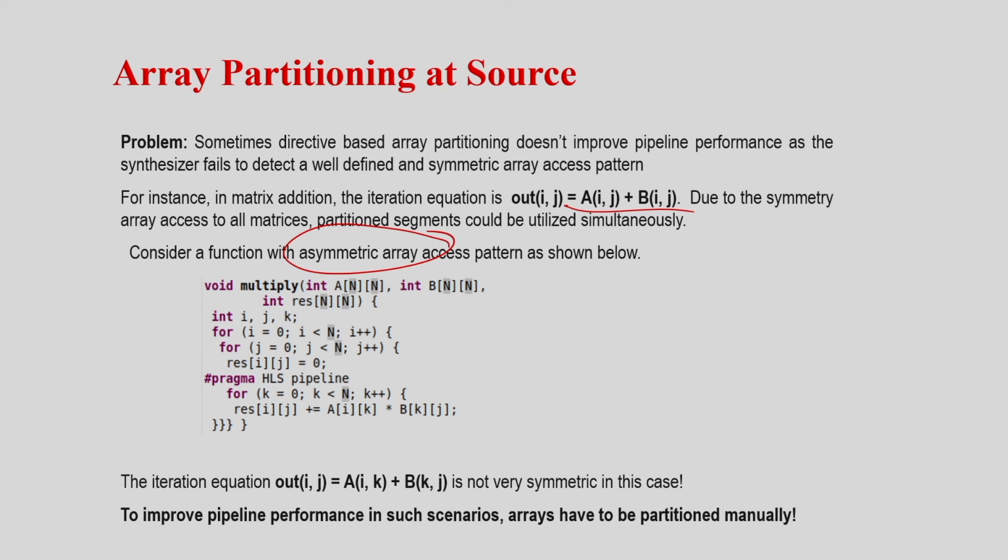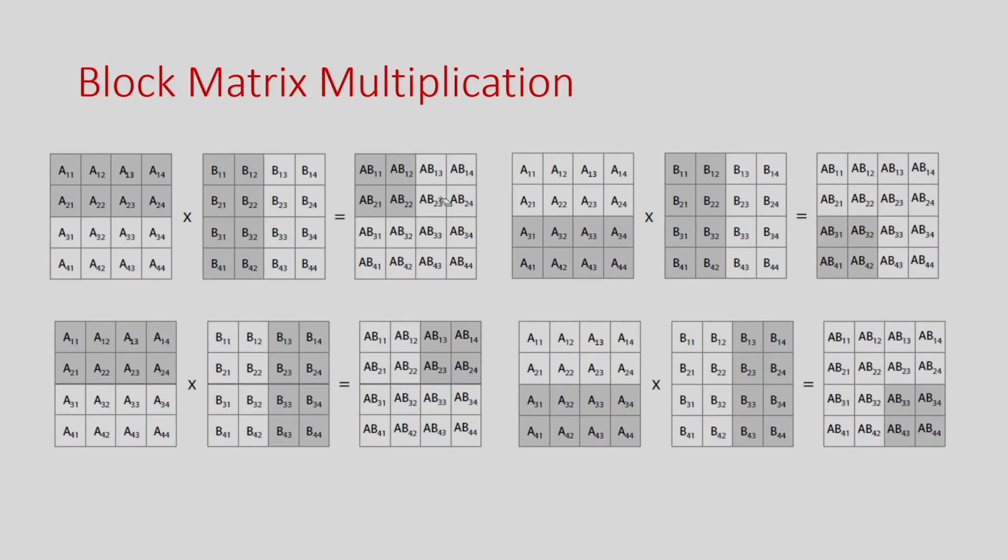Again, you can notice here that I am applying this HLS pragma at the second loop, not the innermost loop. That means this loop will be unrolled. So, let us decide that I partition this array A by half row-wise, right. It was n cross n, I just make it n by 2 into n, and this is also n by 2 into n.